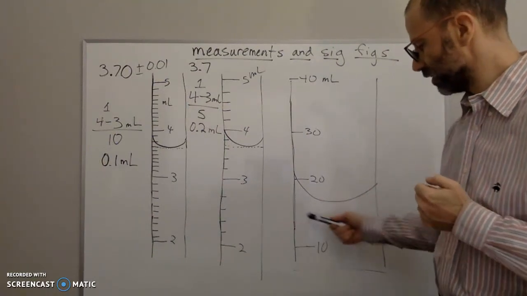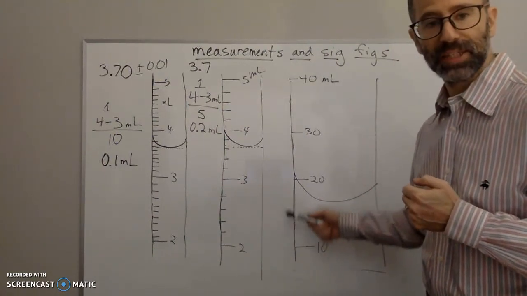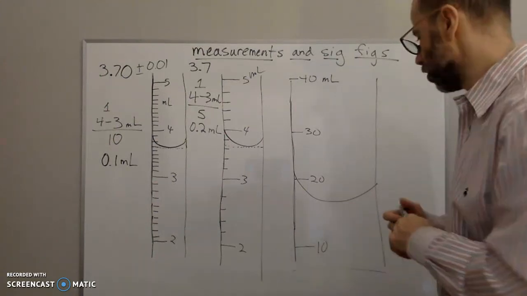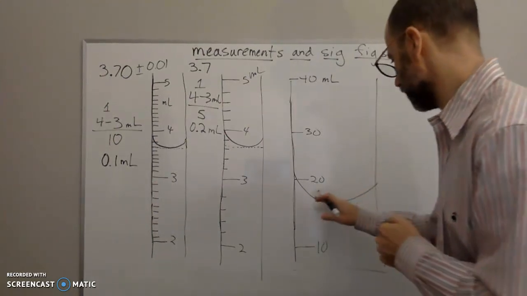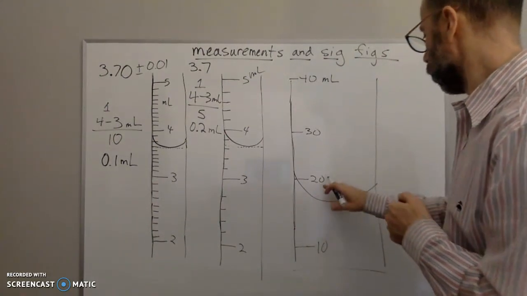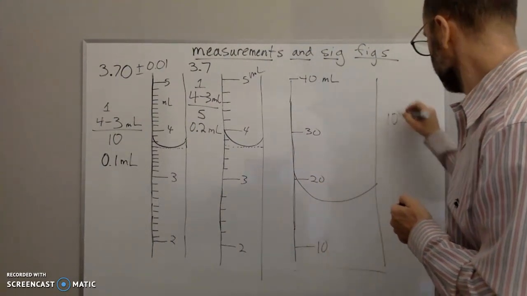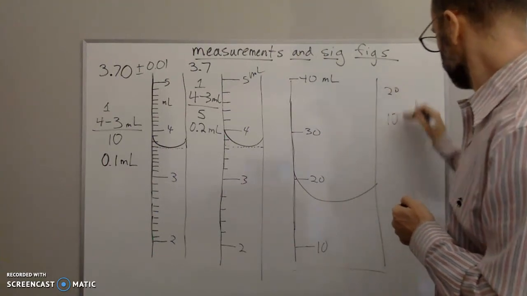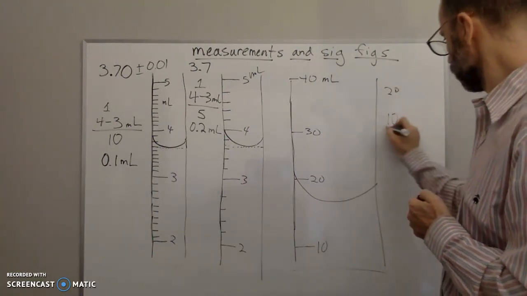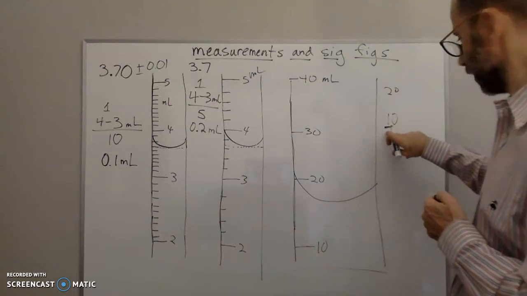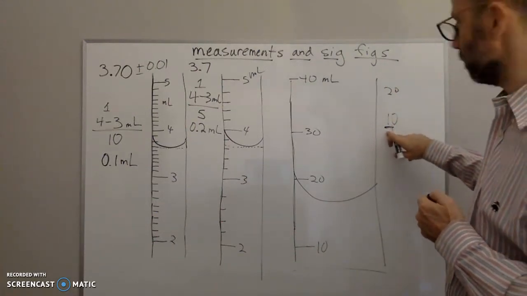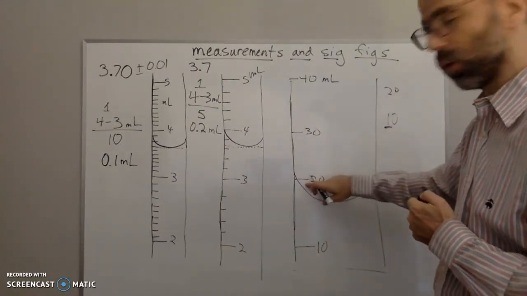I can mentally divide my space here into 10, and so I can estimate to the ones place here. So I know for sure that it's above 10 and it's below 20. So it's somewhere in between 10 and 20. So I know this for sure. I know that there's a 1 here because it's not at the 20 line.